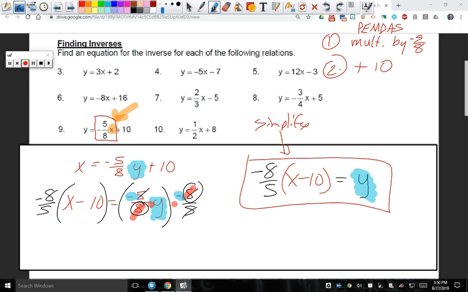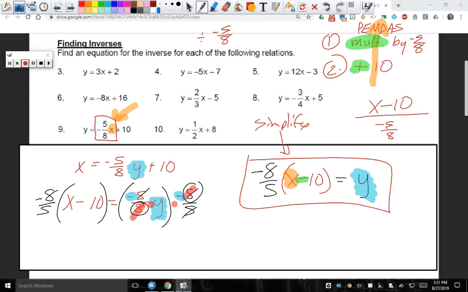So we're going to take an X, which is right here, and we're going to do the backward opposite. So we're not going to add 10, we're going to subtract it. We have to put parentheses now because this is our running answer. And a lot of people fail to put parentheses and they don't understand the shortcut. Now what are we going to do? Okay, so dividing by negative, watch. Dividing by a negative 5/8, if I did that, it would look like this.